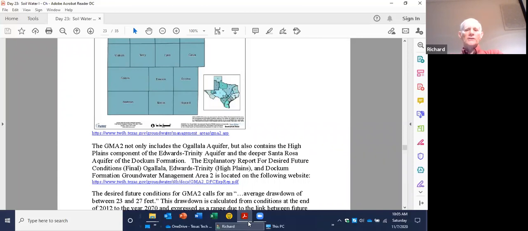The explanatory report for the desired future conditions, final, for the Ogallala, Edwards-Trinity High Plains, and Dockum Formation Groundwater Management Area is located at the following website. That is a very complex title, but it talks about the desired future conditions, what we want the water in the groundwater to be in the future.